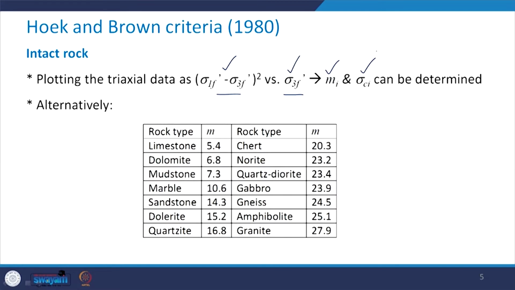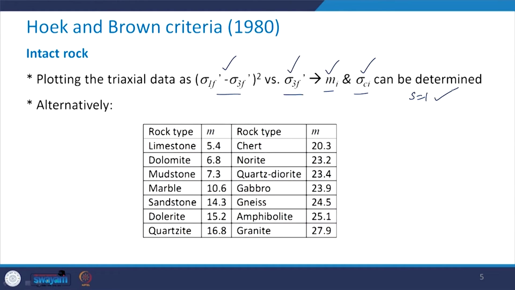So, the parameters were S, M and sigma Ci. This is the way we can find out Mi and sigma Ci, and you have seen that S is going to be equal to 1 in case of the intact rock.